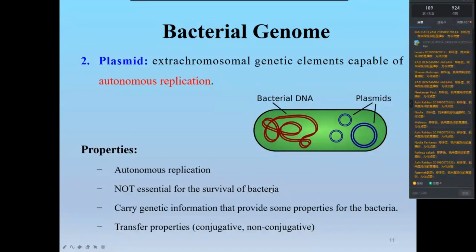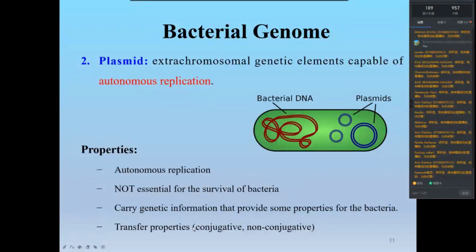They won't die. The plasmid carries genetic information that provides some properties for the bacteria, because it carries some genes, and those genes can contribute some properties for the bacteria. For example, antibiotic resistance, virulence, or some other properties.